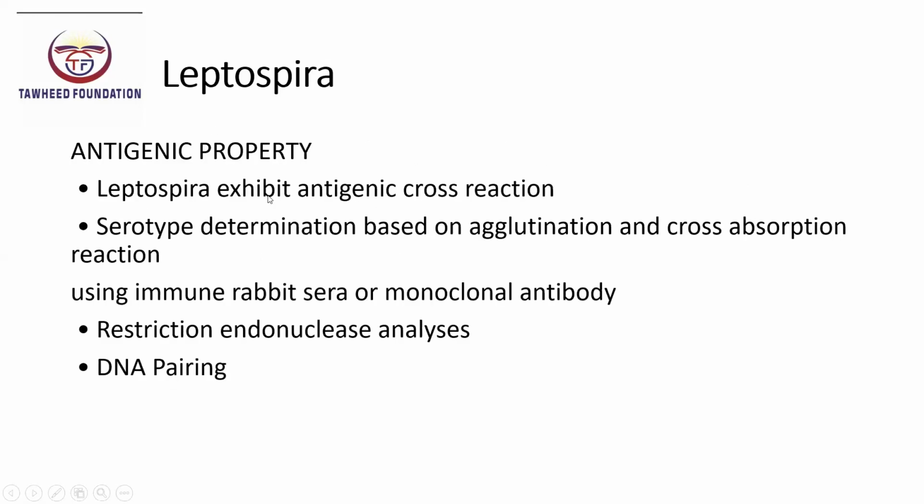Leptospira exhibit antigenic cross reaction, which can complicate serological diagnosis. Serotype determination is usually done by agglutination test using immune rabbit sera or monoclonal antibodies. Molecular methods such as restriction endonuclease analysis and DNA pairing are also used to differentiate strains.